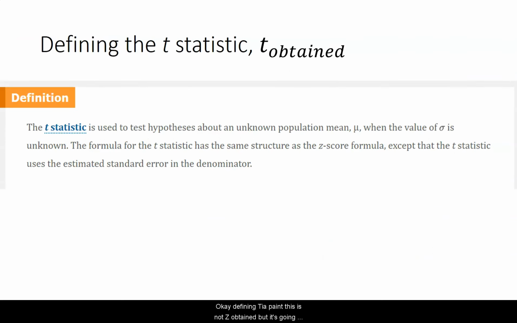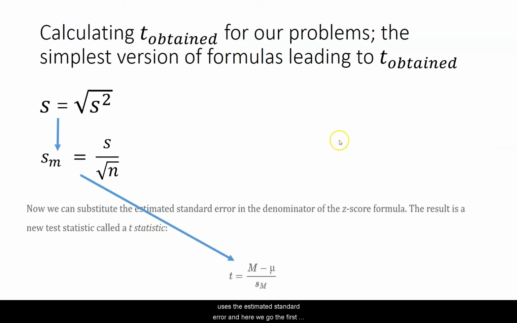Okay, defining t obtained. This is not z obtained, but it's going to be a t obtained. The t statistic is used to test hypotheses about an unknown population when the value of the population standard deviation is not known. That formula has the same structure, and you're going to be pleasantly surprised, as z, except that t uses the estimated standard error, and here we go.